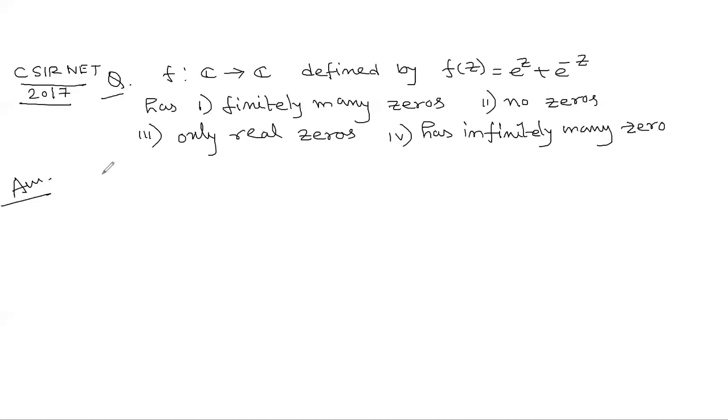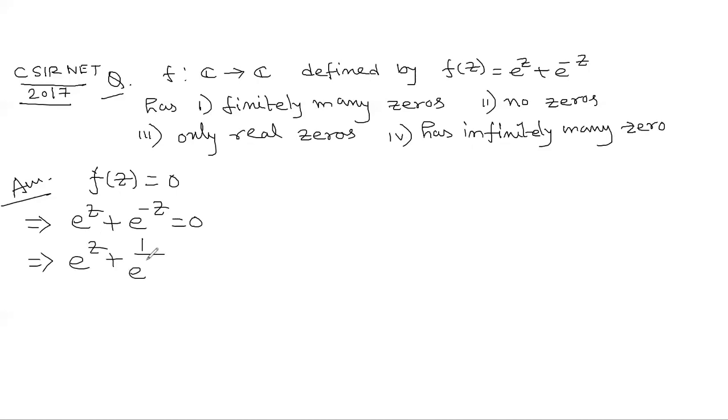Okay, so for zeros of the function f(z), we equate this to 0. From here we are getting e power z plus e power minus z equal to 0. Now this can be written as e power z plus 1 by e power z equal to 0, and here we are getting e power 2z plus 1 by e power z equal to 0. So e power 2z plus 1 is equal to 0.